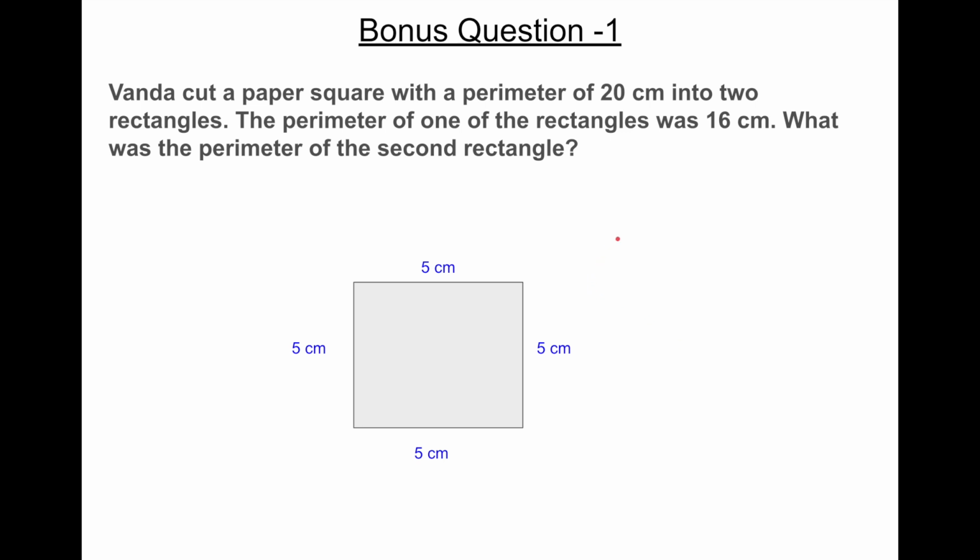Now Wanda cut a paper square into two rectangles. We know that the side of this rectangle is 5 centimeter. What is the size of this side? It will be 5 centimeter.